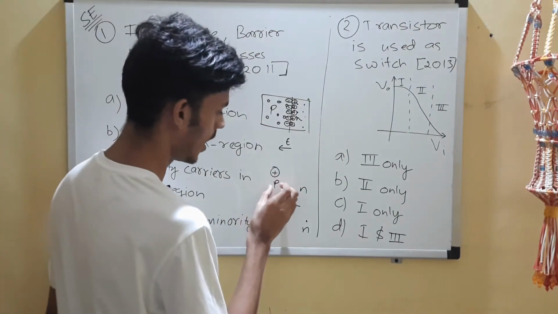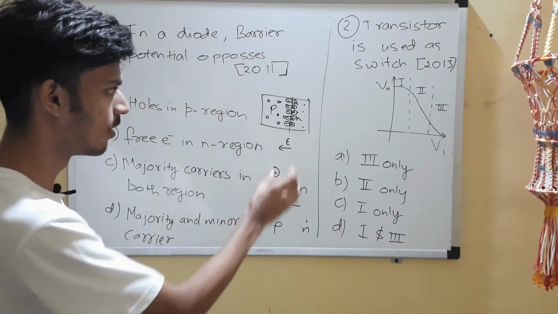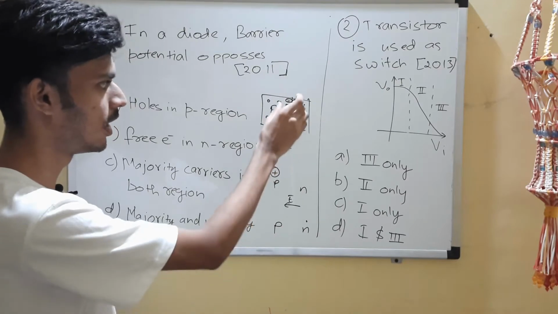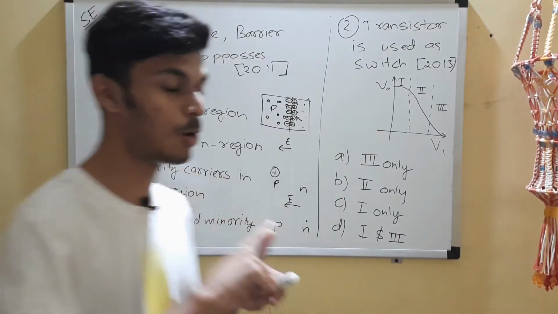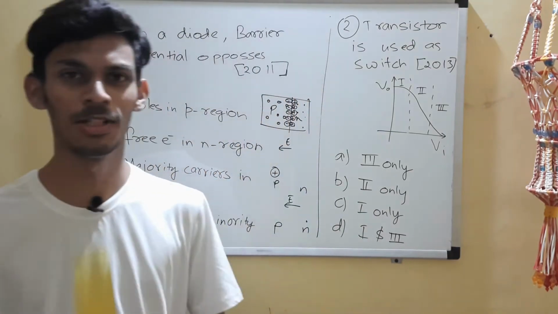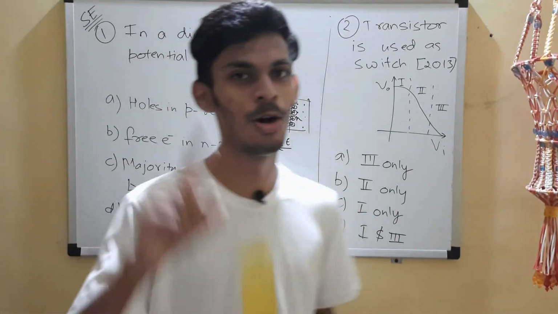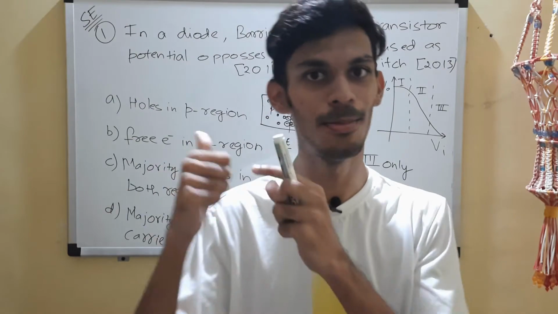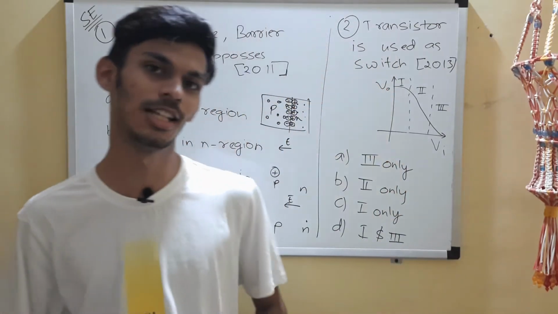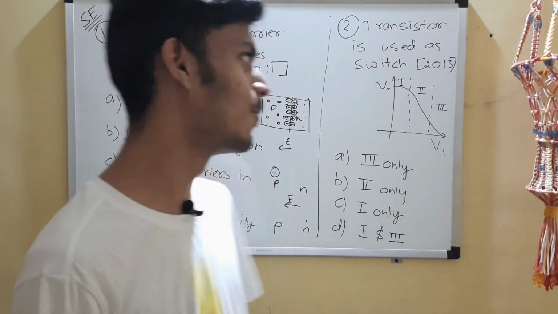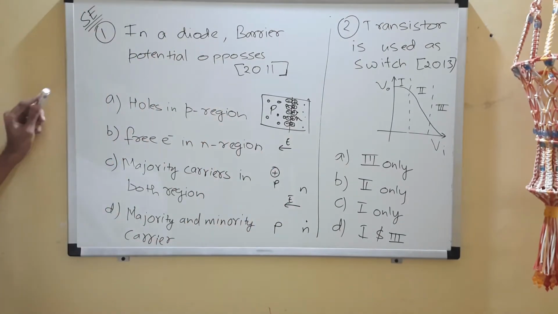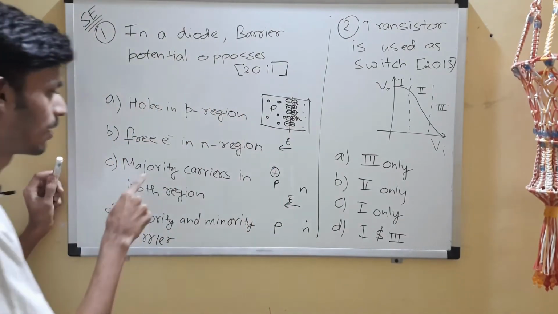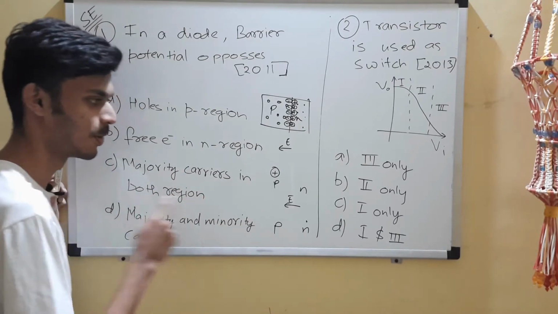I want to say that in both the cases, the field due to the charges over there is opposing the motions of holes in p region and electrons in n region. And if you know, holes in p region are majority charge carriers, electrons in n region are also majority charge carriers, and this field, which is due to the potential barrier, is opposing the majority carriers in both regions, right?